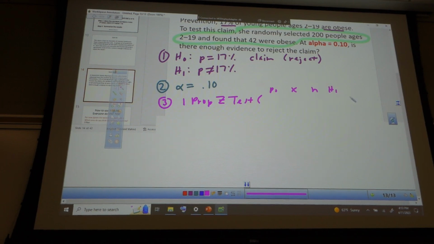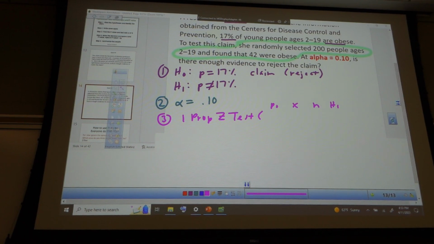From the claim it was 17%, so 0.17. Remember you have to convert it to a decimal, because there's no percentage symbol. And I had 42 people out of 200. So 42 is my X out of 200 people, and my H1 is not equal to. Everyone feeling all right with that part?